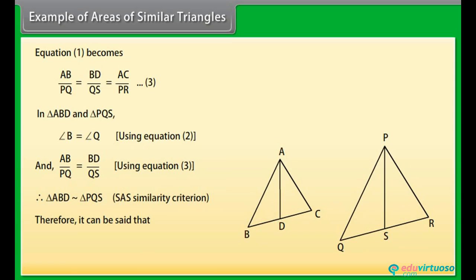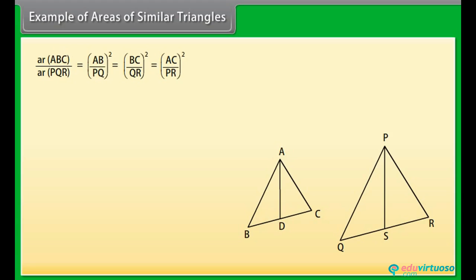Therefore, it can be said that AB upon PQ equals BD upon QS equals AD upon PS. Mark it as 4. Area of triangle ABC upon area of triangle PQR equals AB upon PQ whole square equals BC upon QR whole square equals AC upon PR whole square.